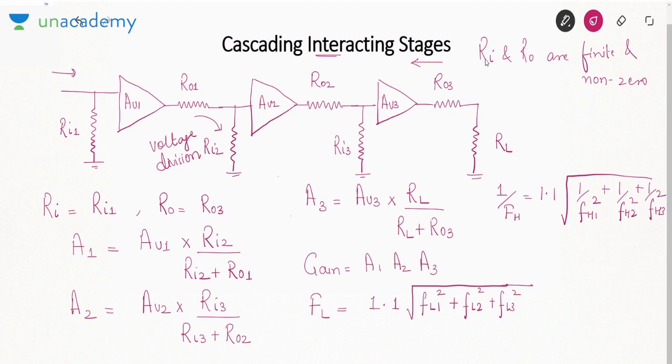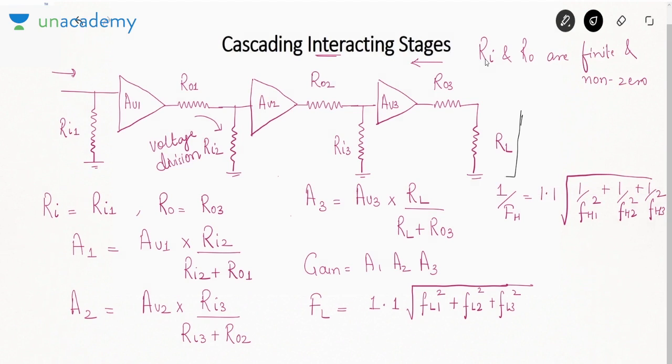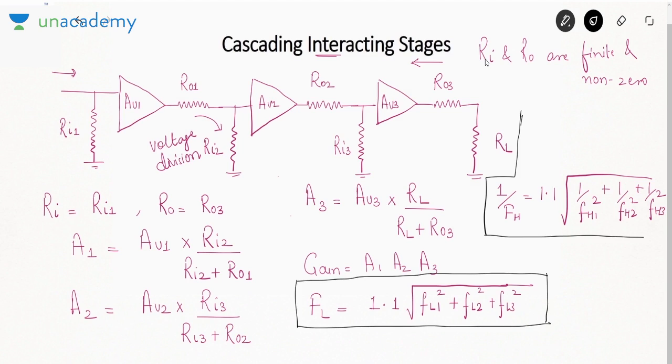Okay, that means the formulae that we have studied so far for the upper and lower cutoff frequency of a multi-stage amplifier are not applicable for interacting stages. They are only applicable for non-interacting stages. Now there is one more concept, what about the rise time? Generally, rise time is taken as 0.35 by bandwidth. So as bandwidth reduces, the rise time increases.